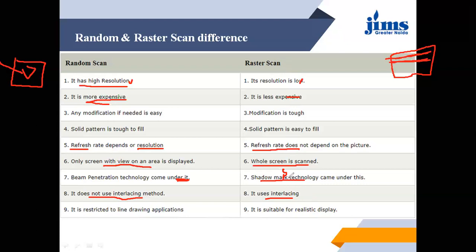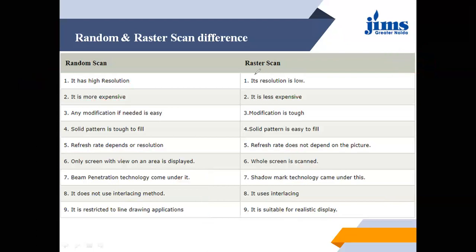Raster scan is used to display realistic displays, whereas random scan is restricted to line drawing applications. Means it's used when we have to draw a line. So these are very important in exams. 98% they ask about the difference between random scan and raster scan.